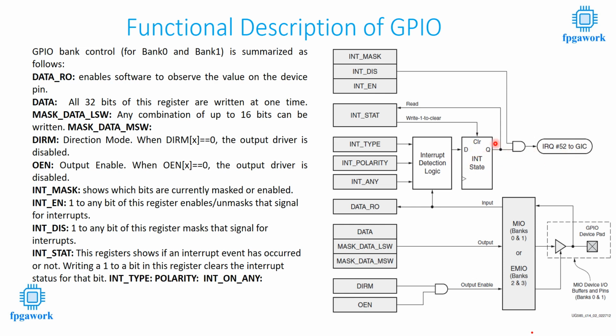Okay, if we have an interrupt, it can be read in the interrupt status register. If an interrupt occurs, we can easily see the interrupt status, and writing 1 to this interrupt status register will clear the interrupt.